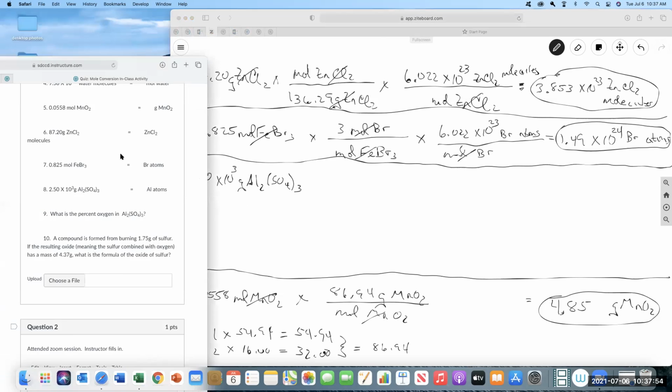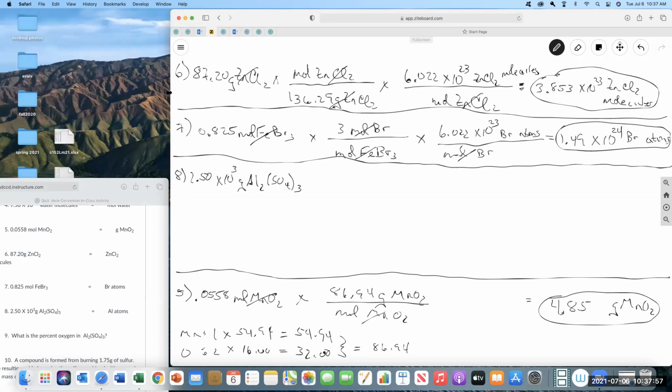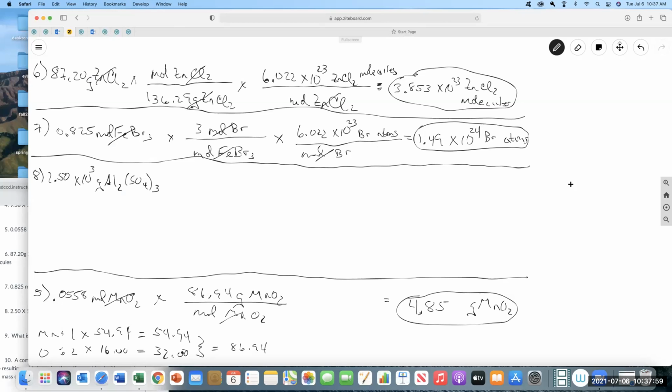I'm going to move this over now. I want to get to Al atoms. So mine may have a little bit more space.